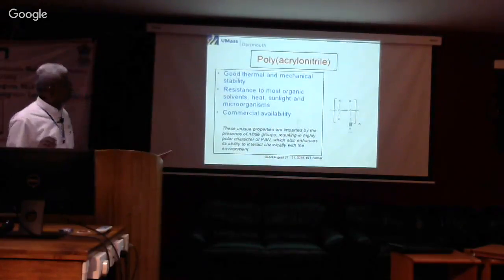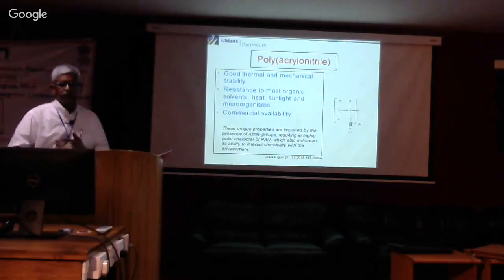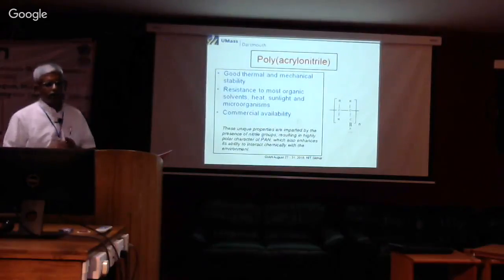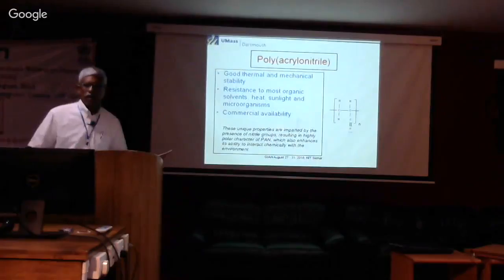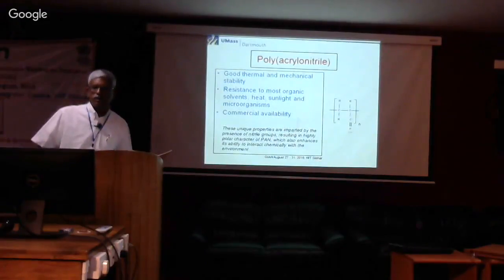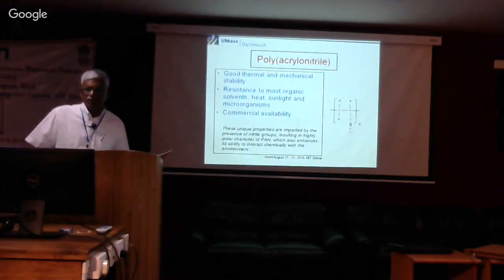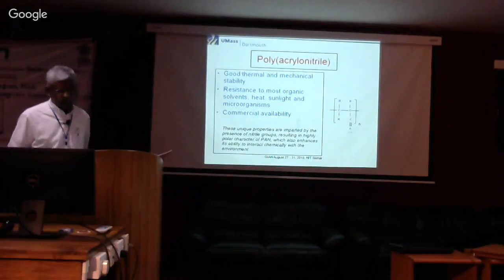And the answer is very simple: it has the mechanical stability and the thermal stability that you need, and it is resistant to some of the things that this eventual fiber may be subjected to, like heat and sunlight. So you need that resistance, and it is a very common polymeric material, so it's available very easily.